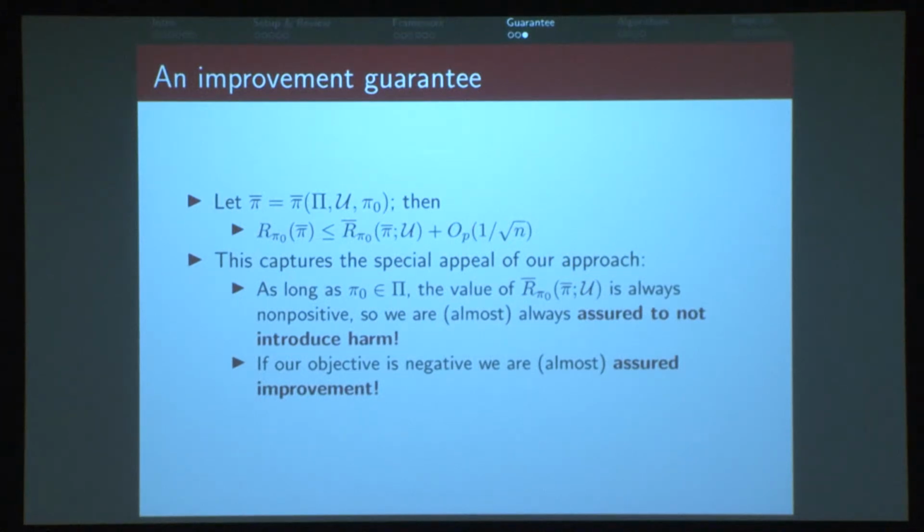That means that the value of the game has to be non-positive, because we can only do better than that. Okay? So that means that this number is non-positive, which bounds the regret, almost up to some fudge factor. So we're almost always assured not to introduce harm. If we check the value of the game and we see that it's negative, then we're almost assured some improvement. So that gives us this guarantee, the certificate on the regret of this policy.